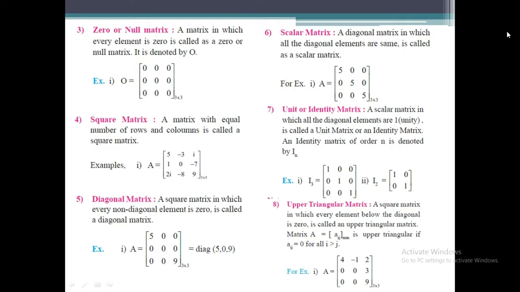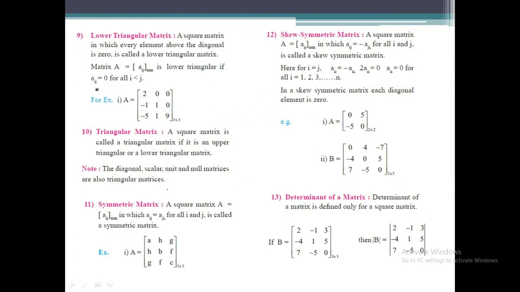Upper triangular matrix. A square matrix in which every element below the diagonal is 0 is called an upper triangular matrix. If you observe the diagonal, below which all the elements are 0. Ninth type is the lower triangular matrix.